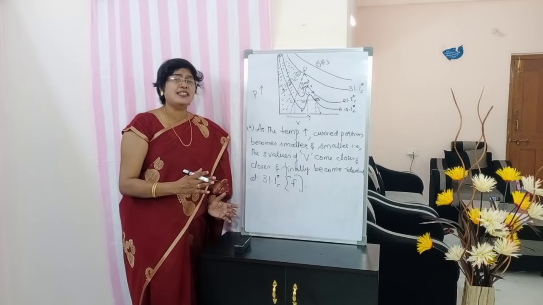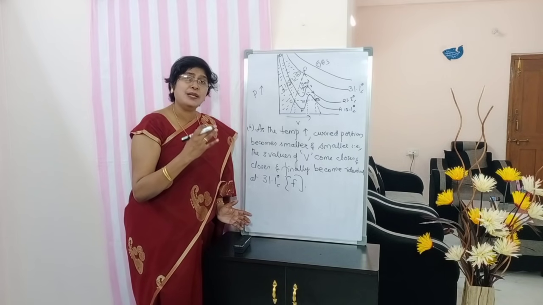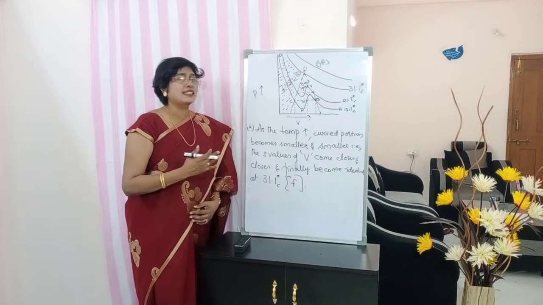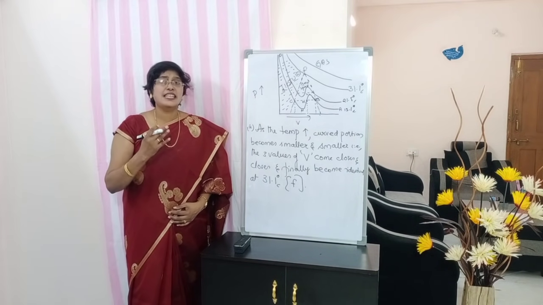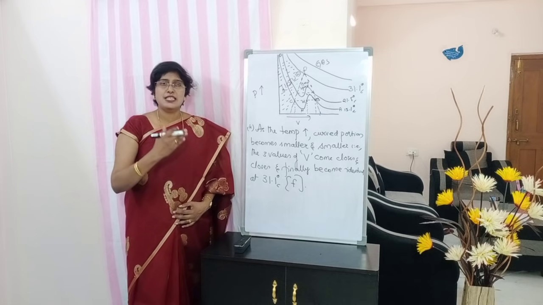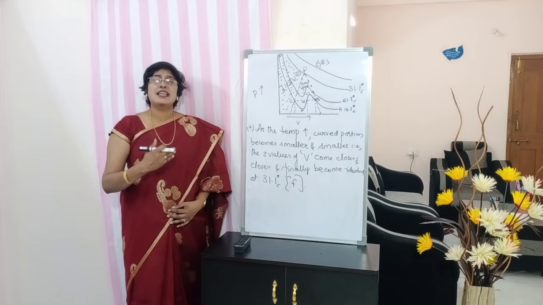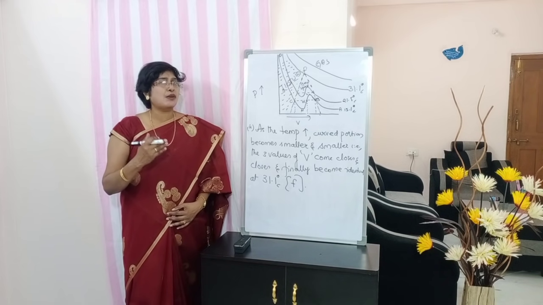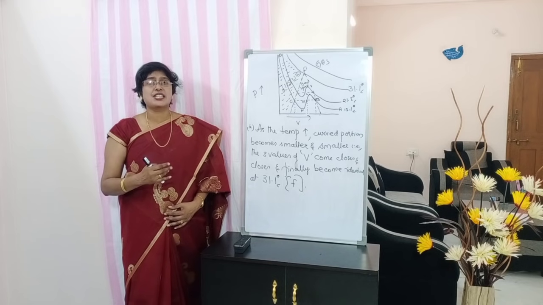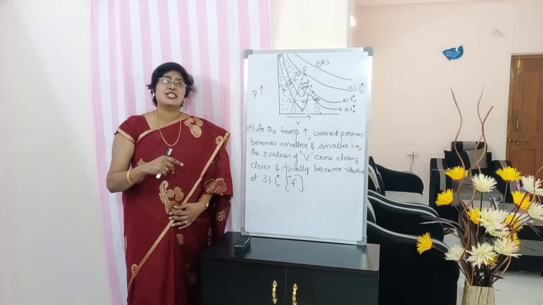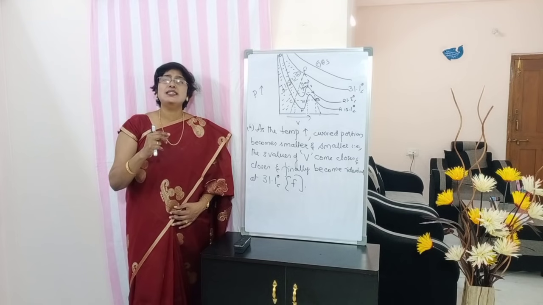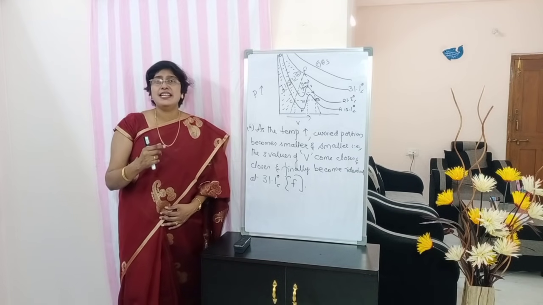That means we can say that they have become identical at 31.1 degrees centigrade. That means below critical temperature, there are 3 values for volume at 1 pressure corresponding to 1 temperature, but at critical temperature, what happens, students? All the 3 values have become identical.